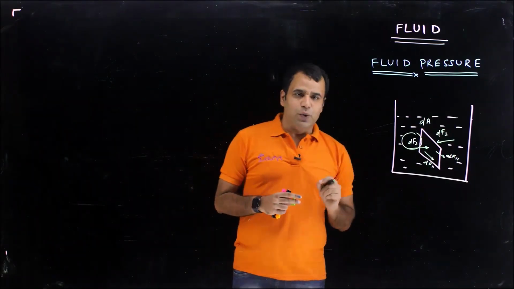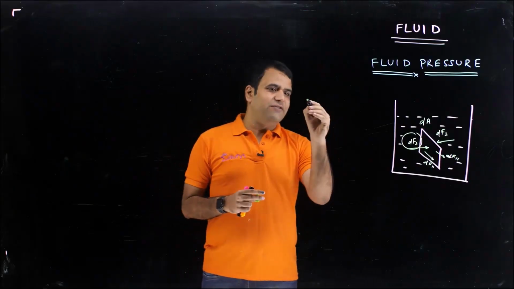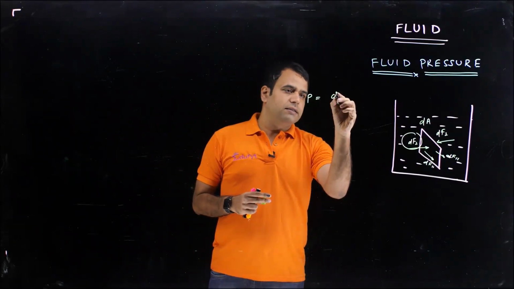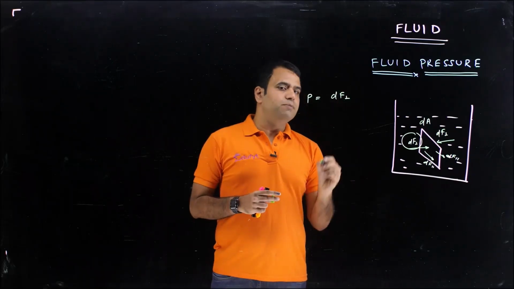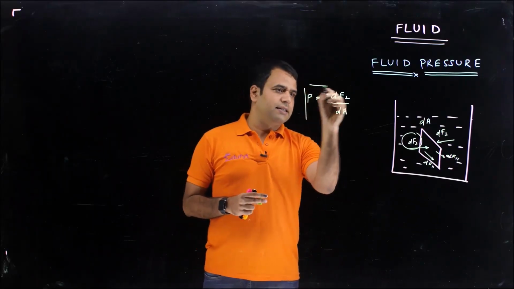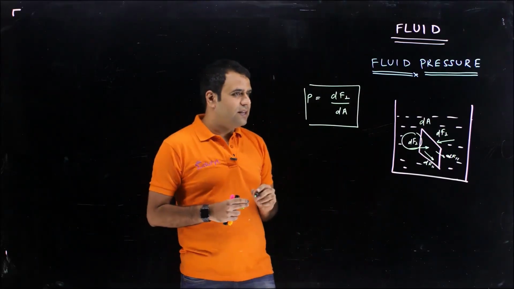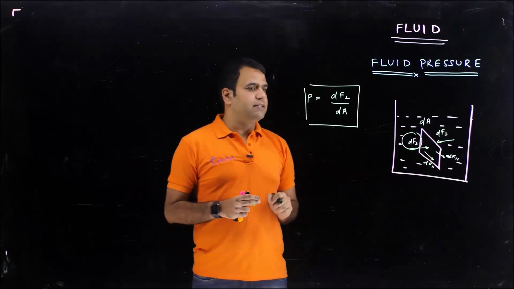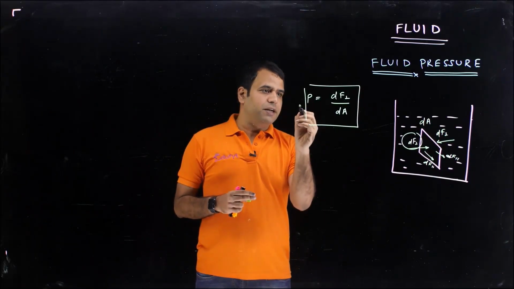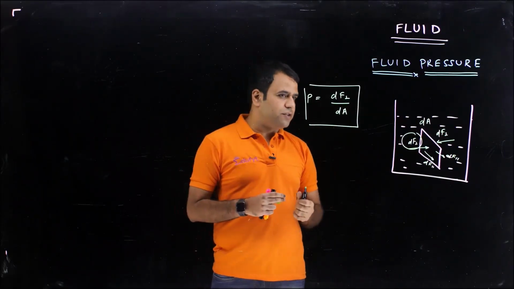Okay, so in case of pressure, we define pressure at this cross-section area as the perpendicular component of force divided by this cross-section area. That's how we define the pressure. So we have means to calculate this pressure. By means of calculating the pressure, we'll be calculating the perpendicular component of force.